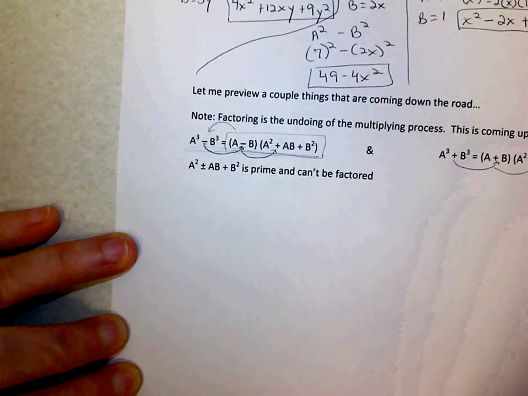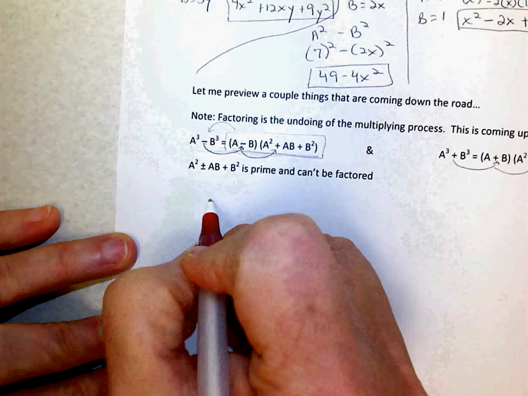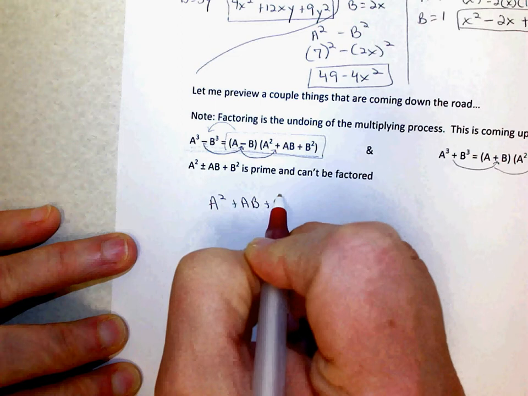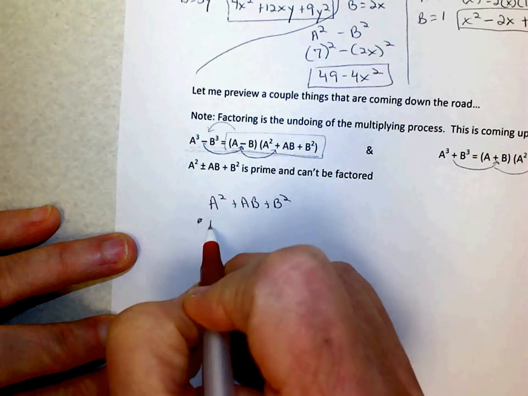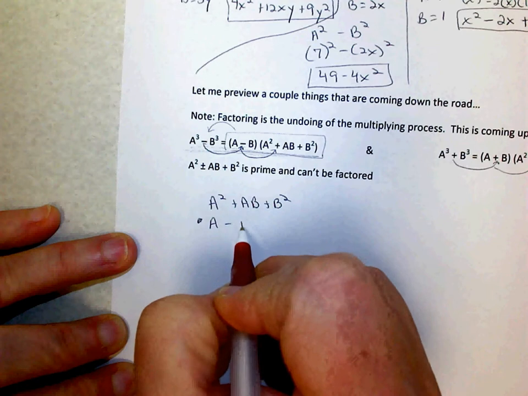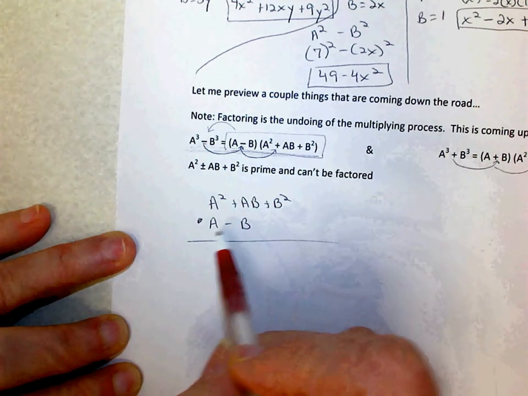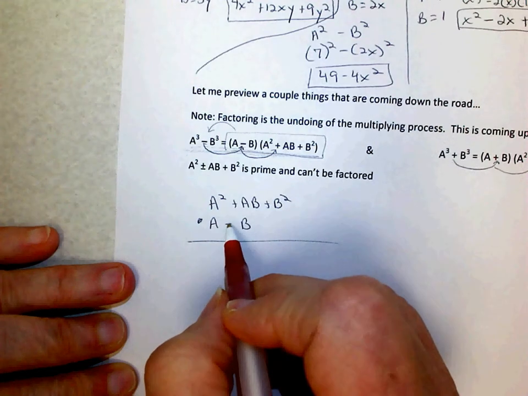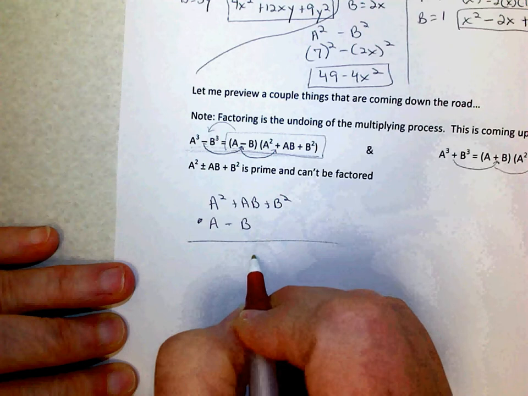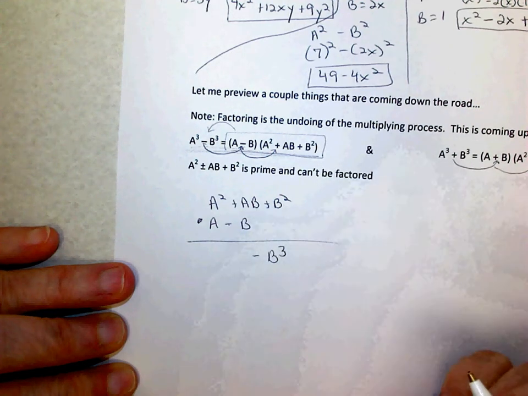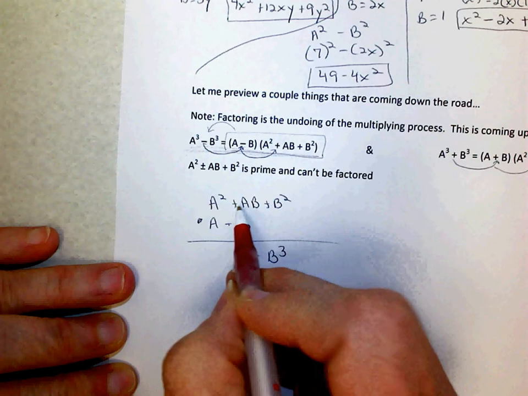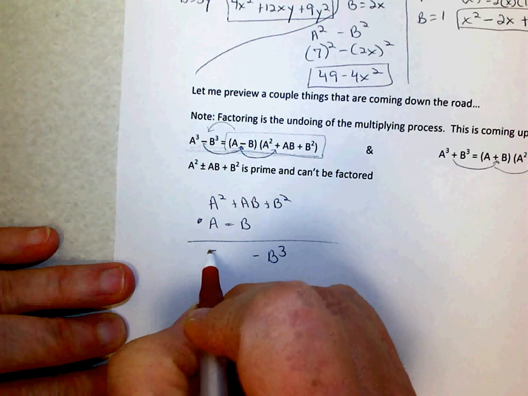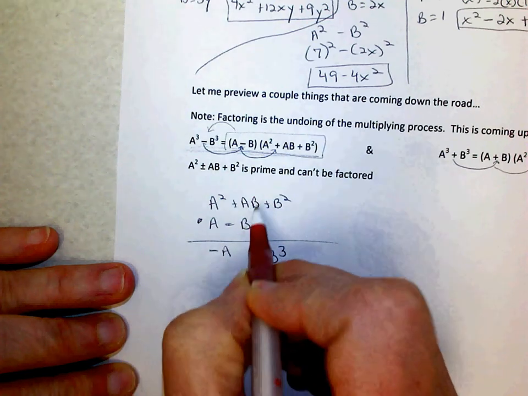Alright? So I'm going to take a squared plus ab plus b squared. I'm going to multiply a minus b to it. And yeah, could I have started down further? Yeah, I could have, but that's okay. Negative b times positive b squared is negative b cubed. Negative b times positive ab. Well, first off, negative times positive is negative. You bring your a down, and b times b is b squared.